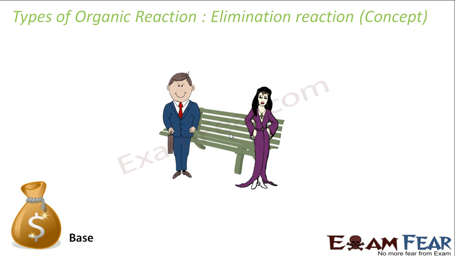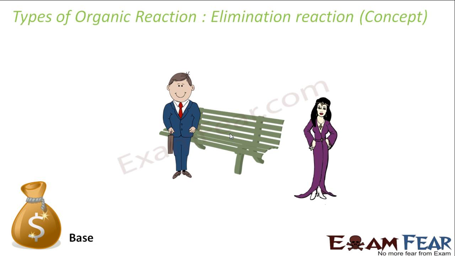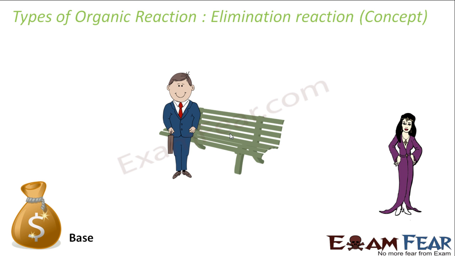There can be another scenario wherein the girl first leaves. The girl first leaves because of so many factors. Maybe the environment favors the girl to leave, right? Maybe the environment is not good for the girl to sit here. The girl leaves, the guy feels lonely, and the guy also leaves the place.